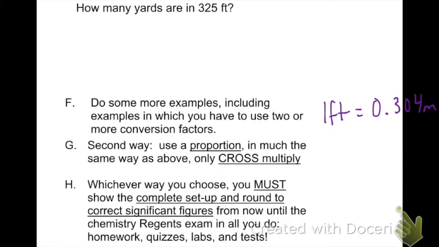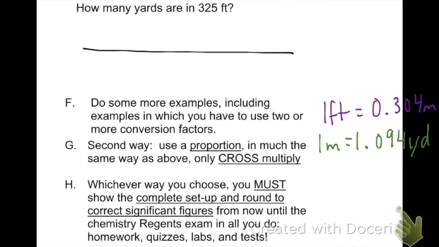And we also have 1 meter equals 1.094 yards. So those are the two conversion factors that we're going to be using. Since we're using two conversion factors, we're going to have our multiple conversion factor T-chart. So let's write our given in the upper left, 325 feet.